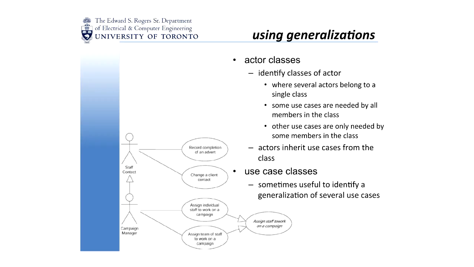Some use cases might be required by every member of the class, while other, more specialized use cases are only needed by specific members, such as campaign manager, having access to features a general staff contact does not. It is also sometimes useful to identify use case classes, which allow us to define a generalization for several related use cases to simplify the overall requirement structure.